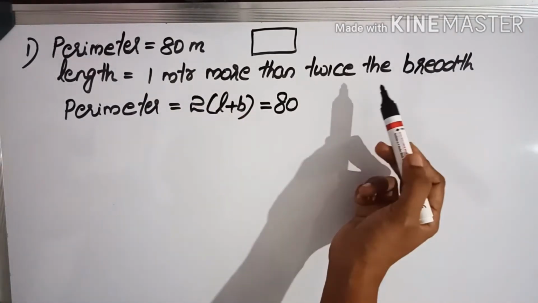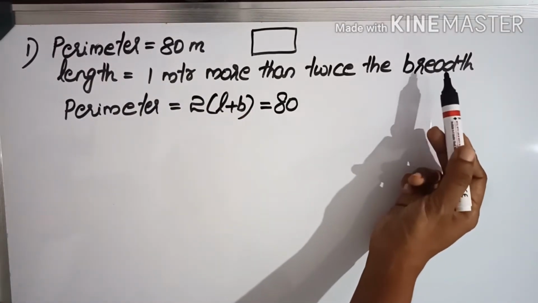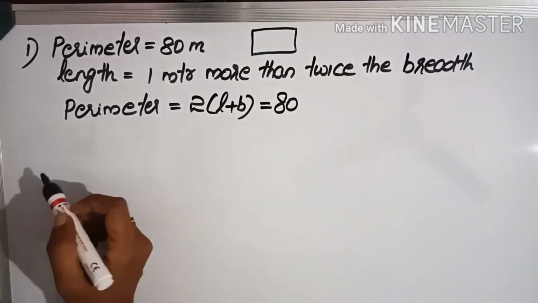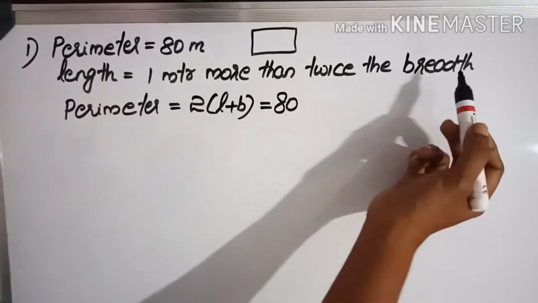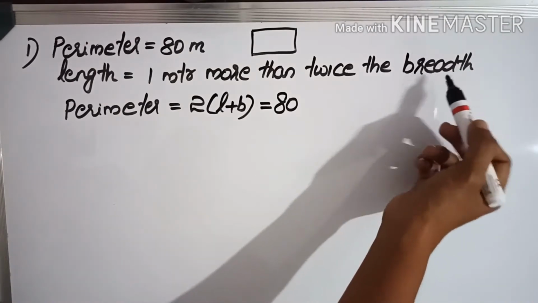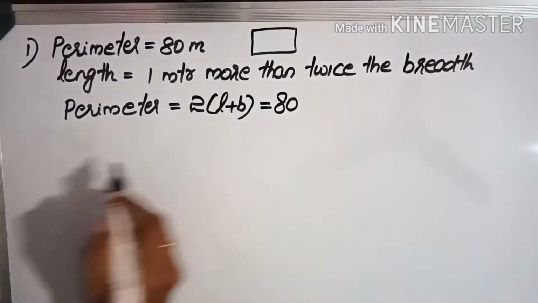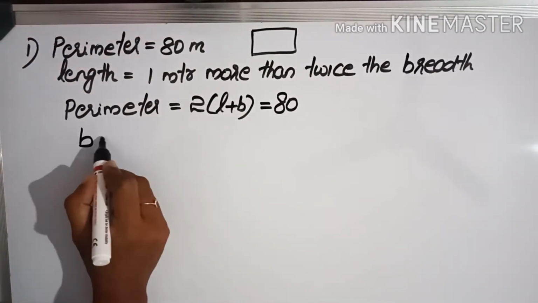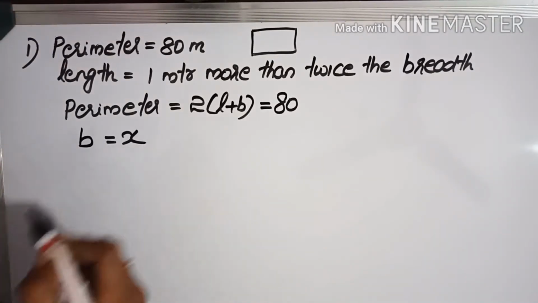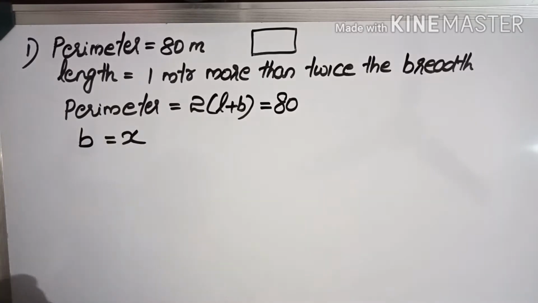So here the dependent variable is breadth. We have to consider first which one is the dependent variable. Breadth we can assume as x. Consider breadth equal to x.